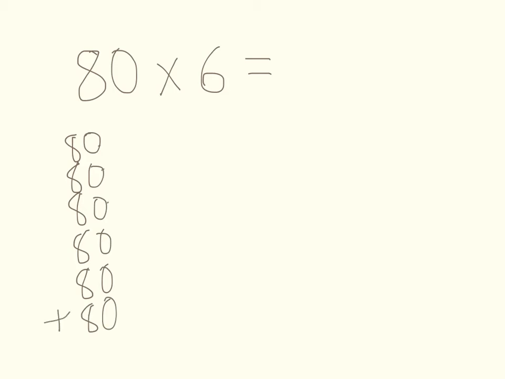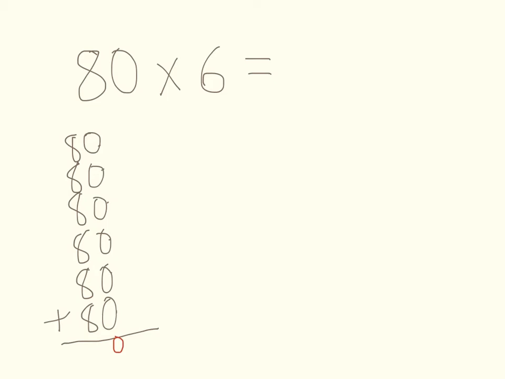Right? 1, 2, 3, 4, 5, 6 times, because 80 times 6 is really saying 80 plus 80 plus 80 plus 80 plus 80 plus 80, 6 times. And so then we have to do it this old way where we know all of those zeros would equal 0. But then now we've got to figure out all these 8s.